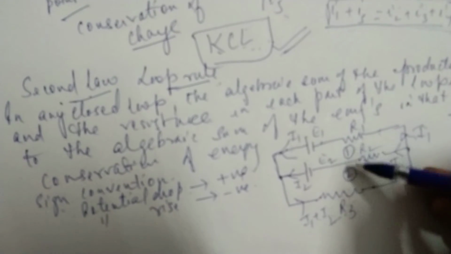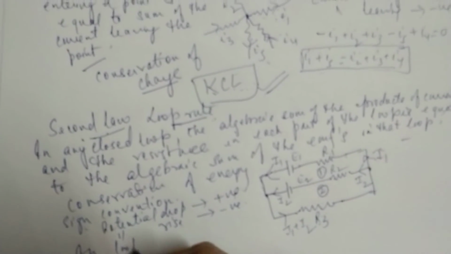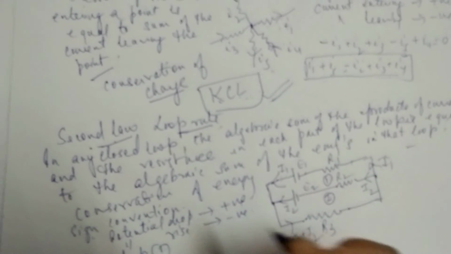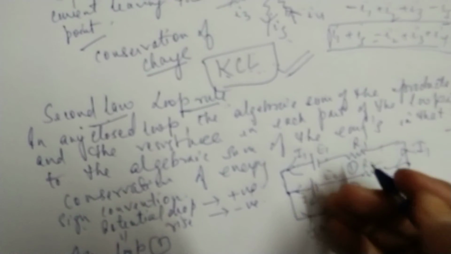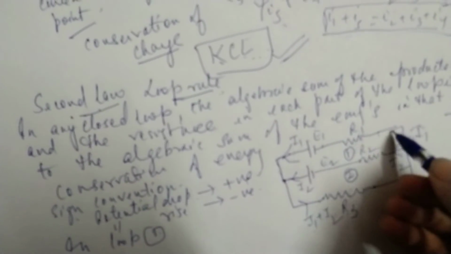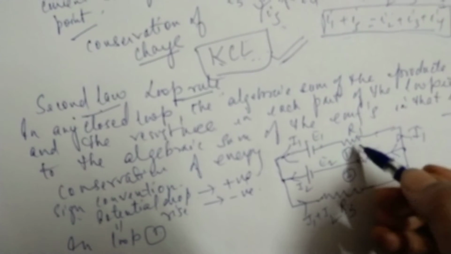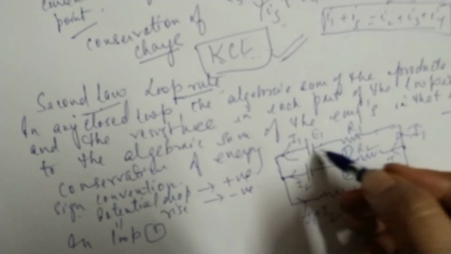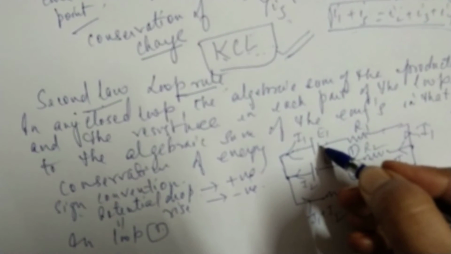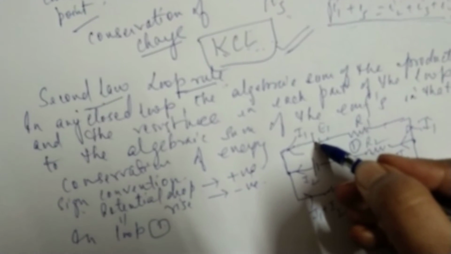Let us assume we have taken two different loops, loop 1. Now when we see loop 1, here it is the resistor, and since the current is flowing through here, there is a potential drop. So here I1R1 will be positive. And look at this point: here negative is lower potential, positive is higher potential.